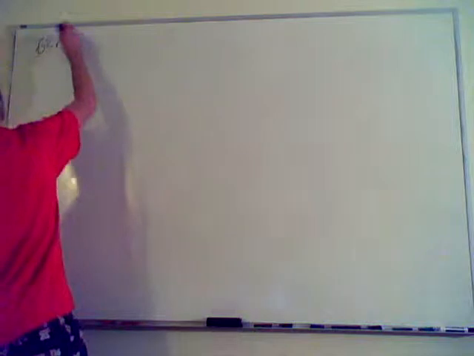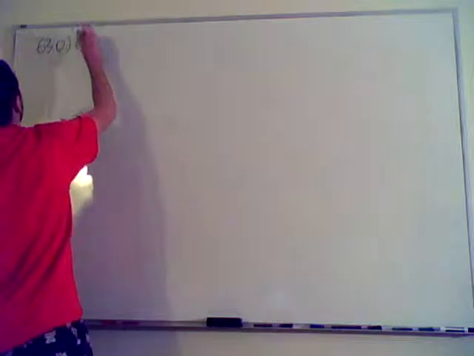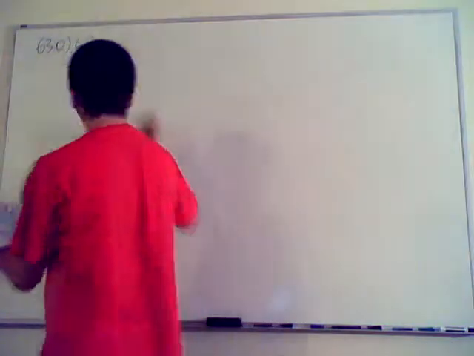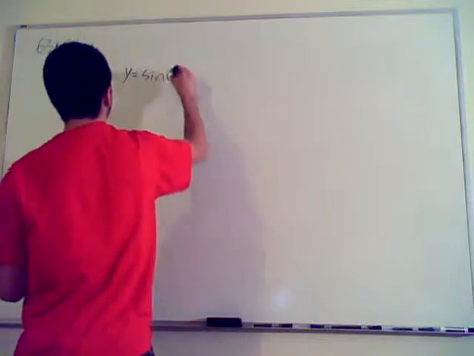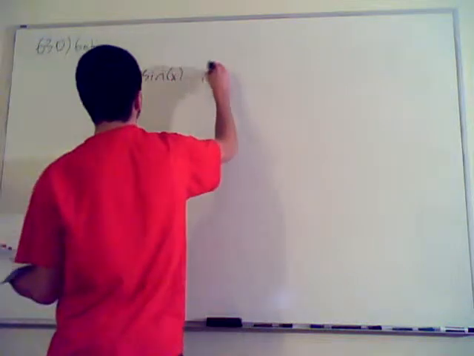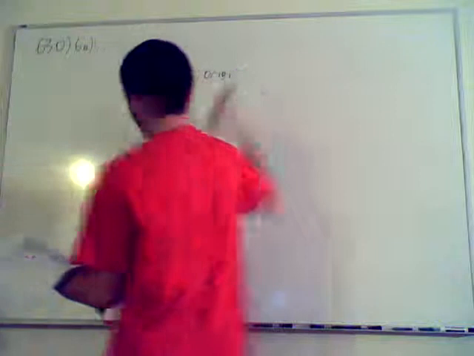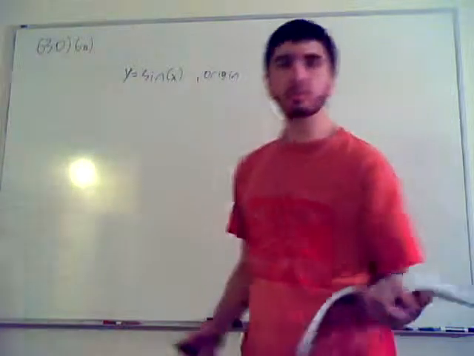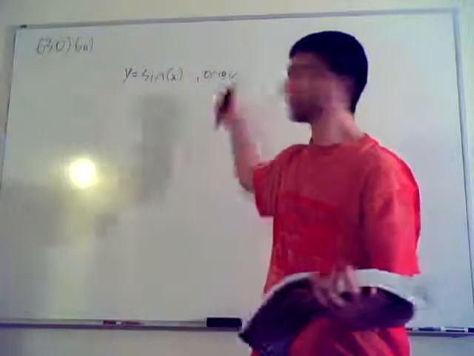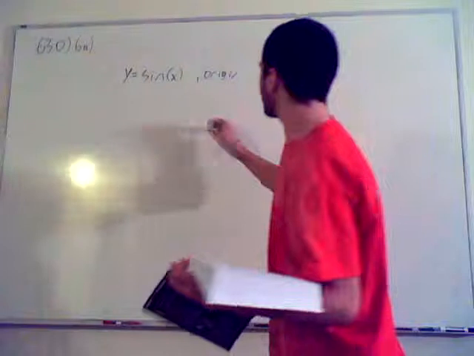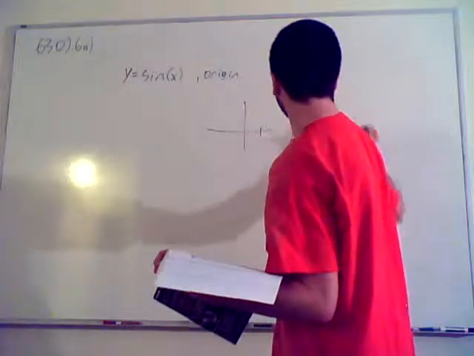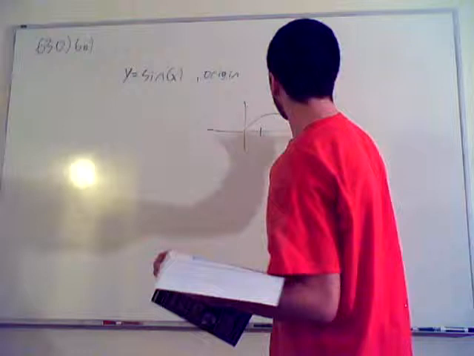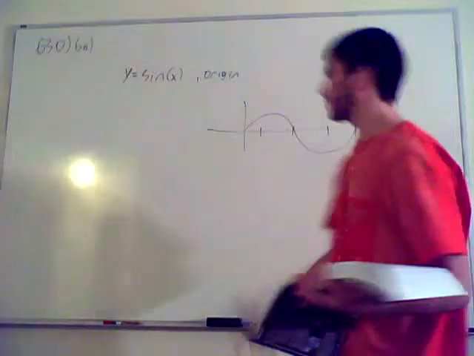6A. Tangent, y equals sin x, at the origin. Origin means (0, 0). So if you draw the sine of x, the origin's right here.